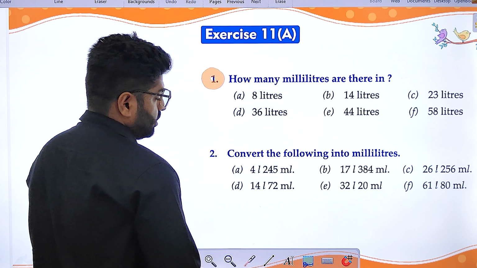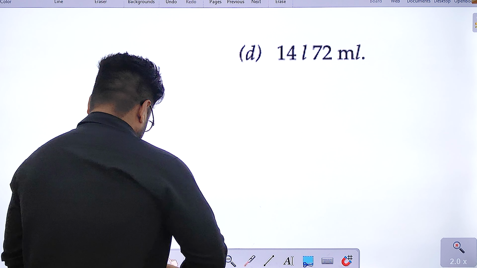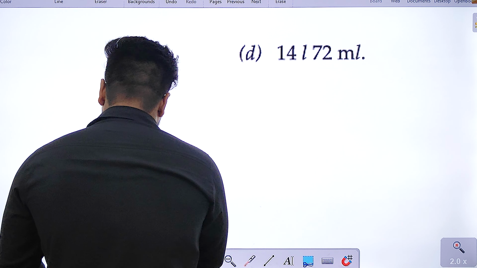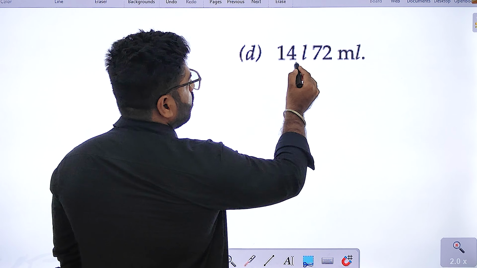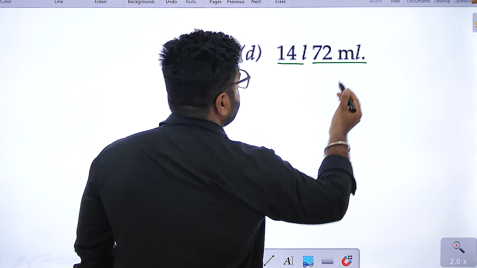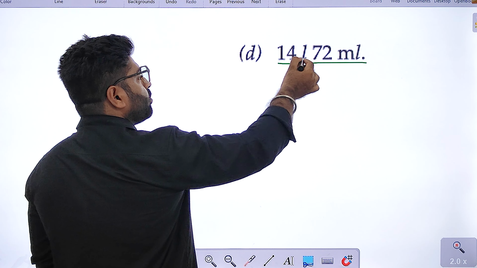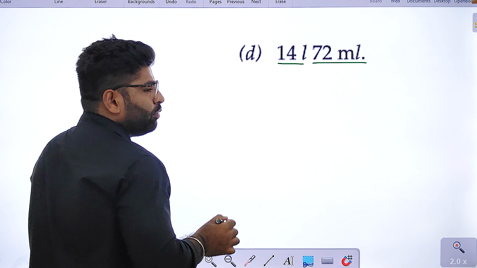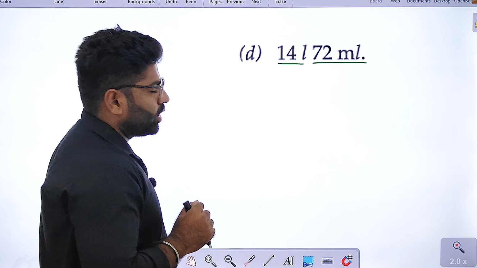Next is convert the following into milliliters. Okay. Here we are having D part. So here we are going to solve this part, that is 40 liter 72 milliliter. First thing, we have to convert this 40 liter part into milliliter, then we will have to add these two quantities.